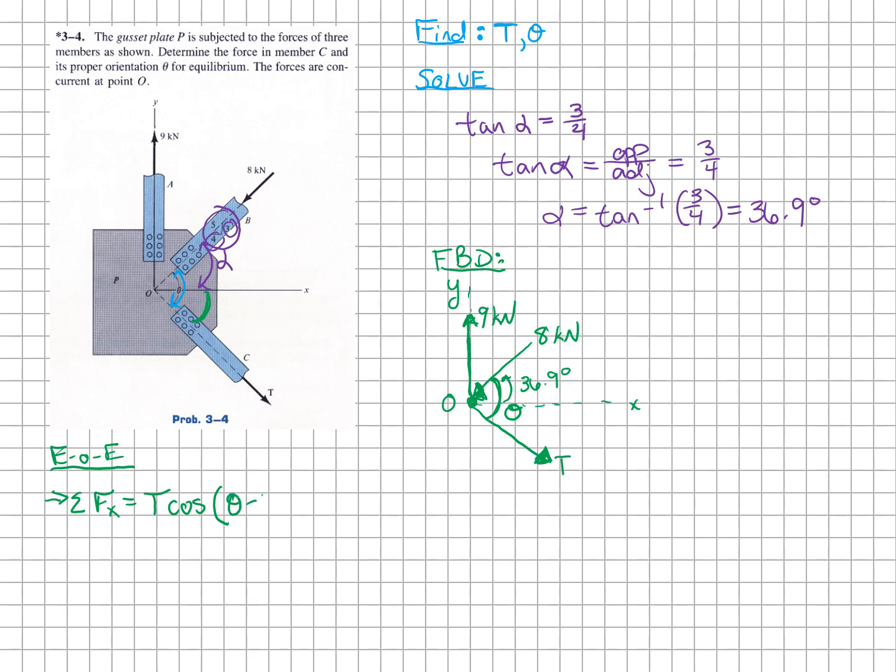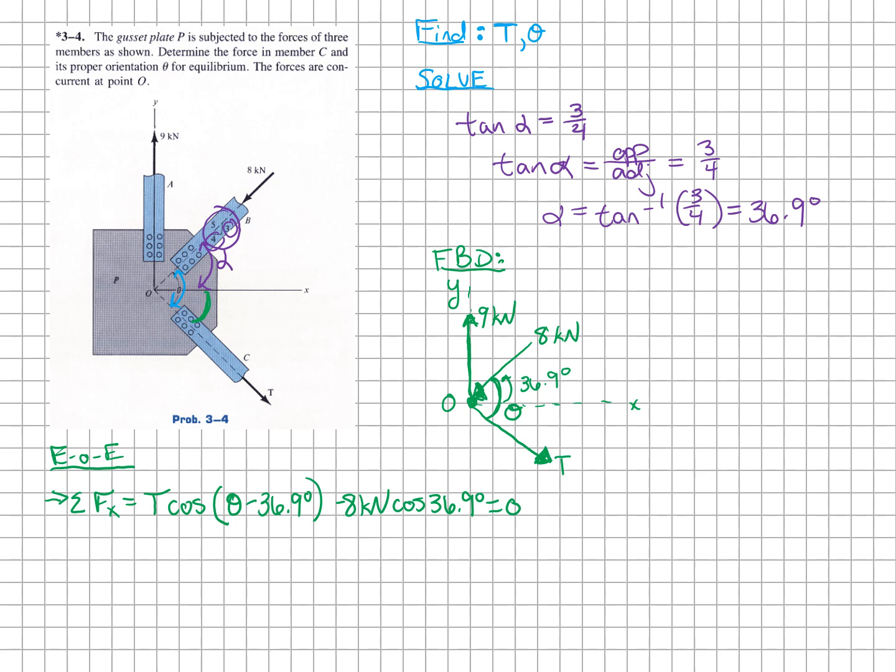Theta minus alpha, 36.9 degrees. Minus 8 kilonewtons, this force, times the cosine of 36.9 degrees is equal to 0. Those are the two x components that I have.